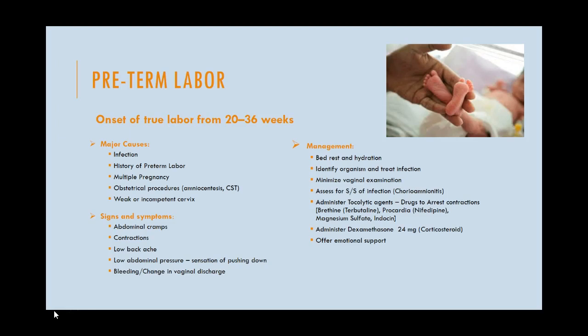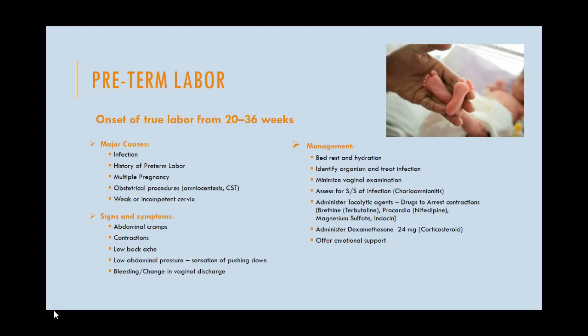Some major causes of preterm labor are infection, a history, multiple pregnancies, obstetrical procedures such as an amniocentesis or a contraction stress test, and a weak or incompetent cervix. Let's remember that anything that's irritating to the uterus can cause preterm labor because it can cause the uterus to contract.